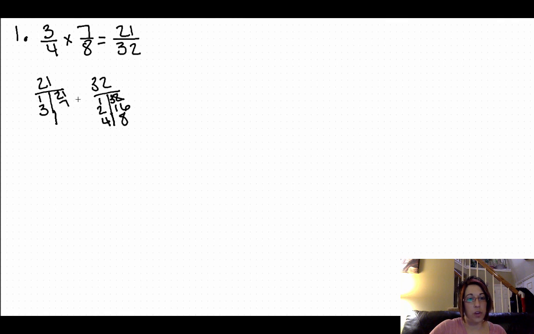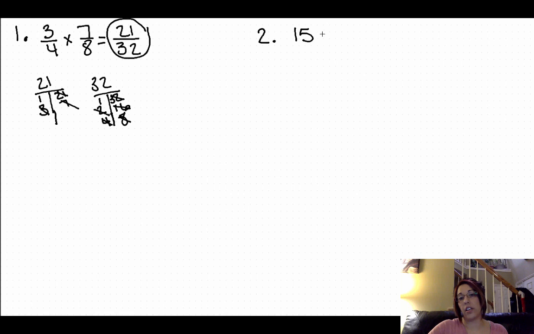So 32 no, 21 no, 16 no, 8 no, 7 no, 4 no, 3 no, 2 just 1. That means our fraction is in the simplest form. It's always handy to use that strategy to check just to make sure that it doesn't have any common factors.